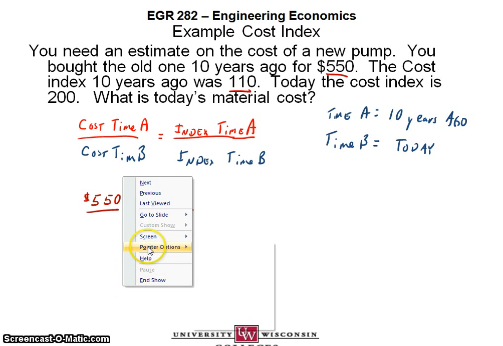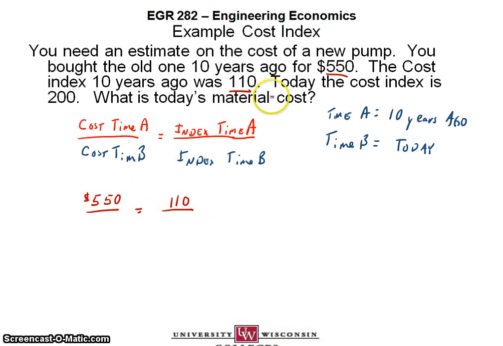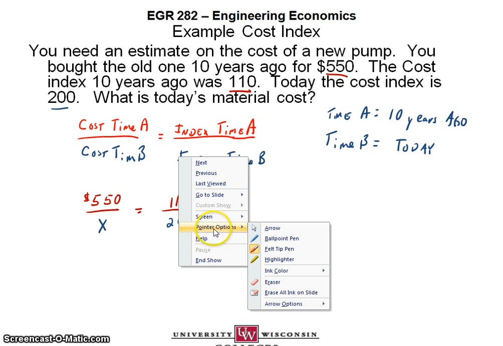Now let's look at today's cost. We don't know what the cost is, but we know the index for today is 200. So now we should be able to solve for x.